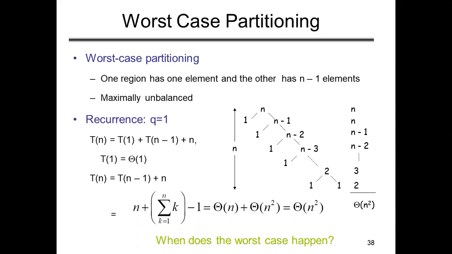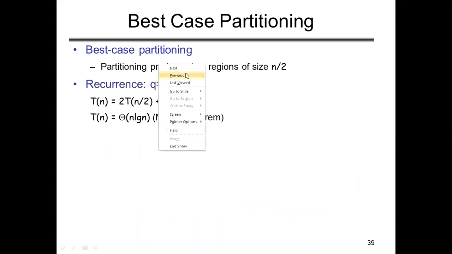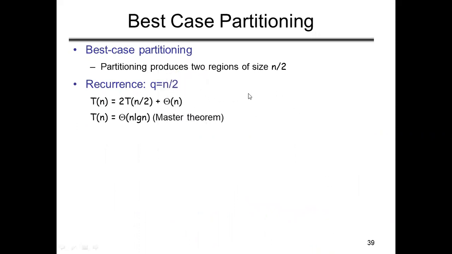Okay, best case partitioning. Partitioning produces regions of size n by 2. So the recurrence equation, Q equal to n by 2: T of n is equal to 2T of n by 2 plus theta of n. This is a recurrence relation.